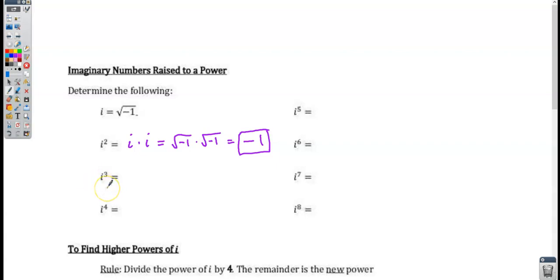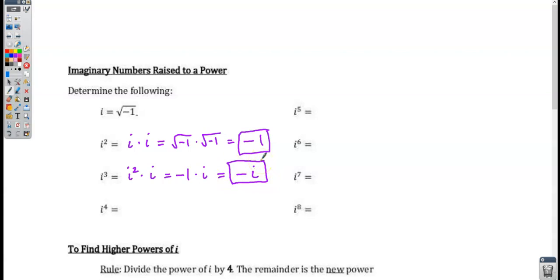i cubed I can break down into the product of two powers of i. i cubed is equal to i squared times i. And we knew before, i squared is equal to -1. And so this is equal to -1 times i, or just -i.